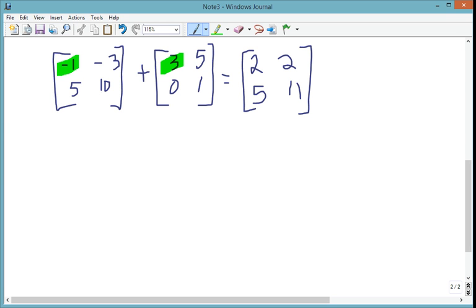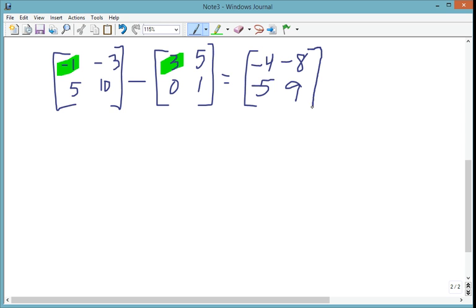Subtracting is going to be the same thing. You know, if I wanted to subtract these, then I would just subtract each term, right? So -1 minus 3 would be -4. -3 minus 5 would be -8. 5 minus 0 would be 5. 10 minus 1 would be 9.